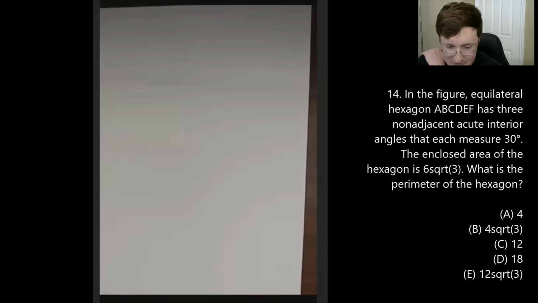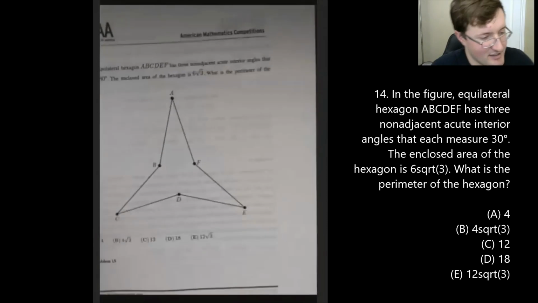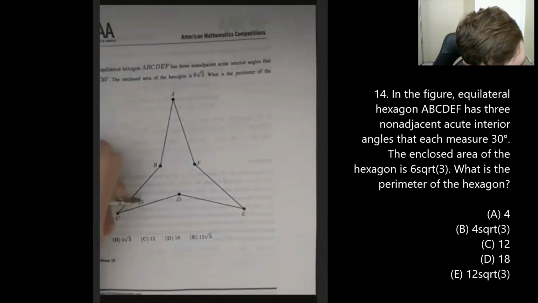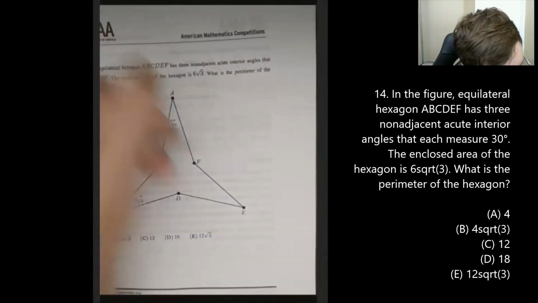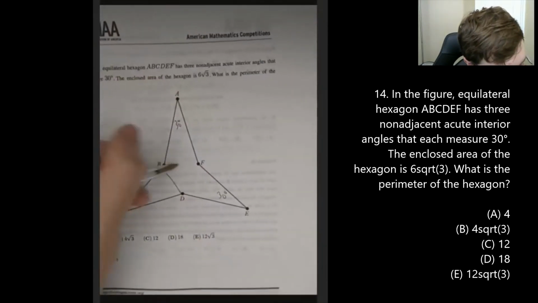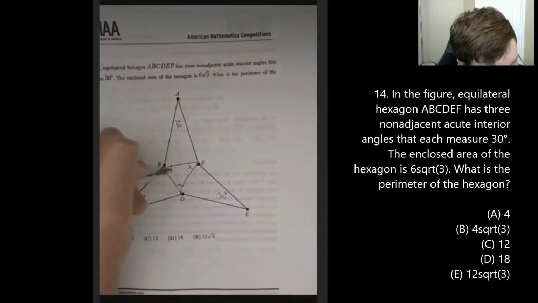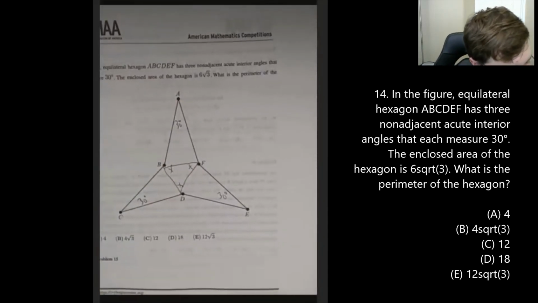Okay, we have a concave hexagon, 3 non-adjacent acute interior angles that are 30 degrees, enclosed area. Oh, okay, I think I see what to do for this one. So these are all 30. And then if we cut this off, this is obviously an equilateral triangle. What is the perimeter?